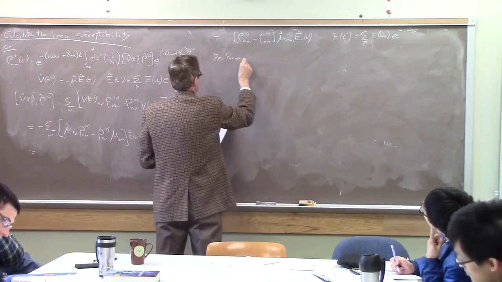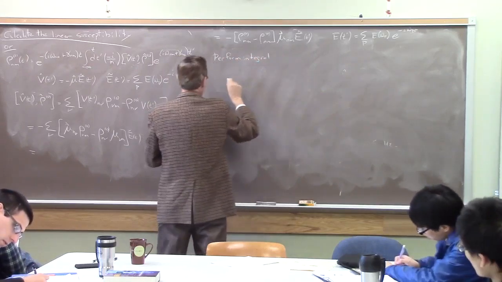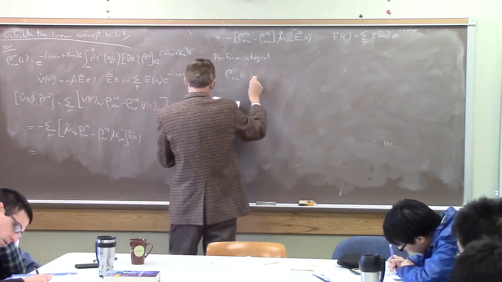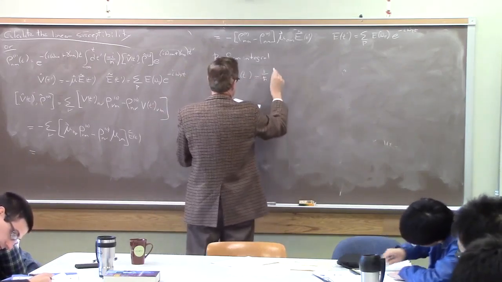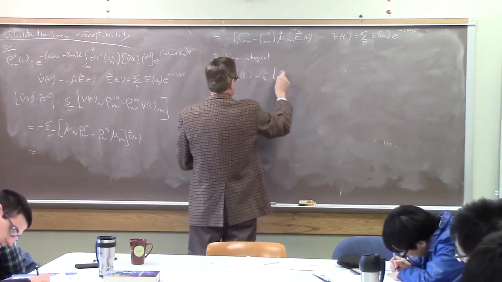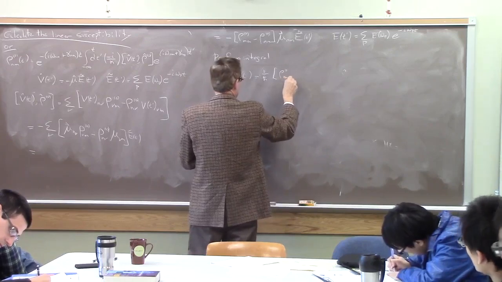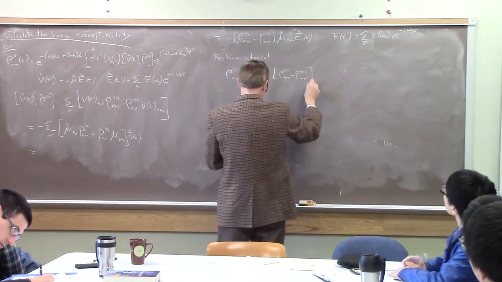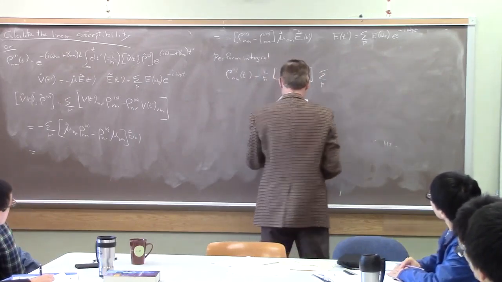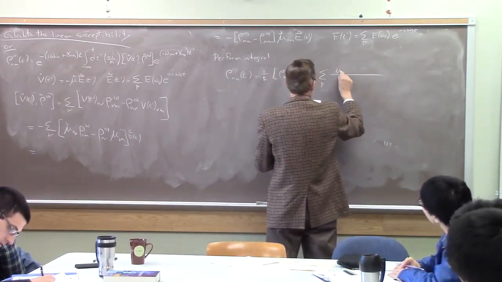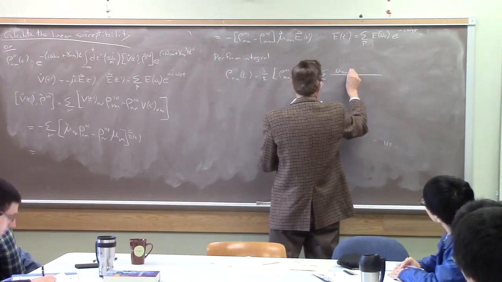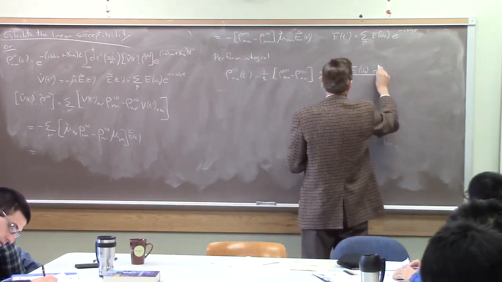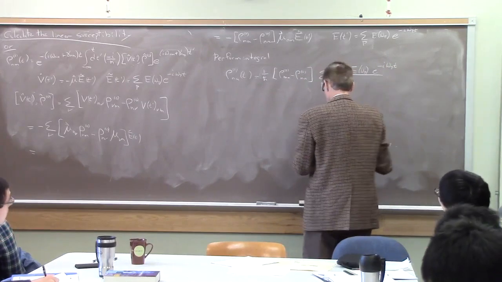We perform the integral, and we find that rho 1 n m of t is 1 over h bar, rho 0 m minus rho 0 n, times the sum over all frequencies that are present times mu n m E of omega p e to the minus i omega p times t.